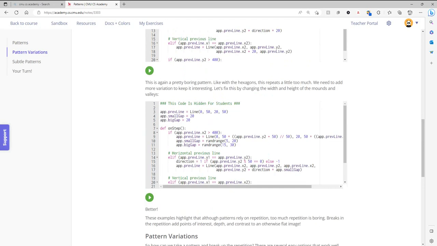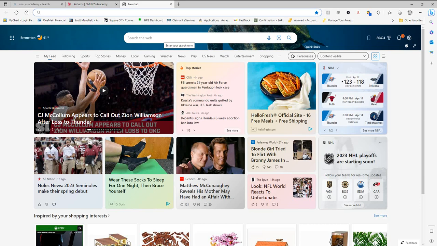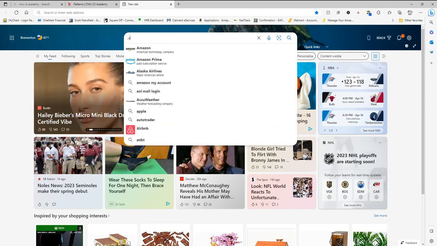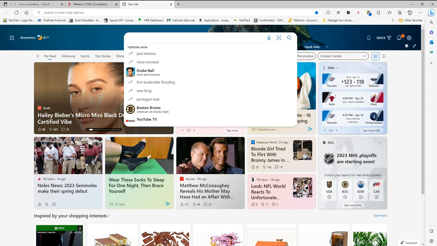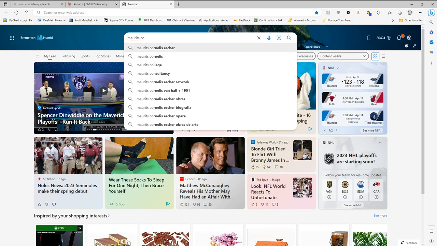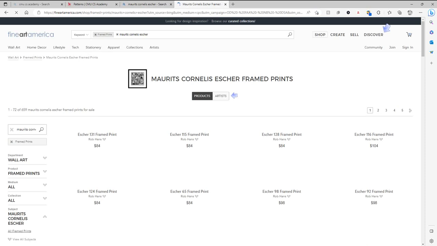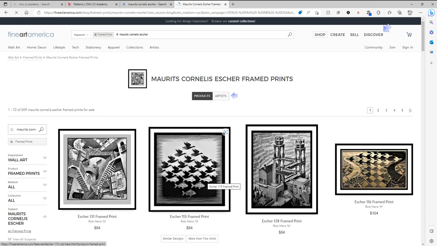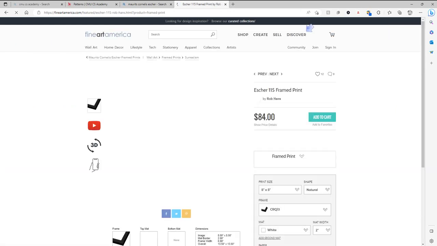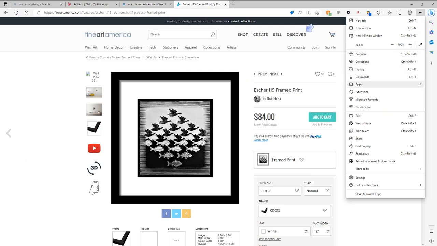I threw in some bonus information there, but one of my personal favorite artists is Maurice Cornelius Escher, because he did this amazing thing called tessellations. Tessellations show how you can mess with patterns in such a way that it creates some cool transitions.